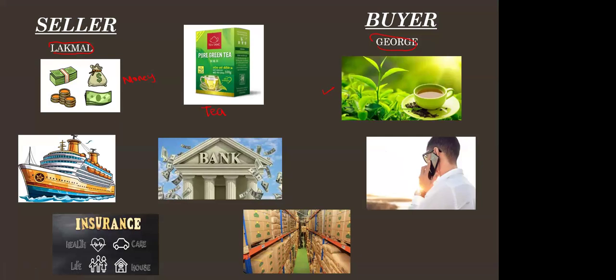For that, they need an intermediary, or medium. What's the tool they use? Money. So Lakmal is transferring the ownership of his product, which is tea, to George by using money as an exchange. He is giving the product and taking money. So that is called trade.